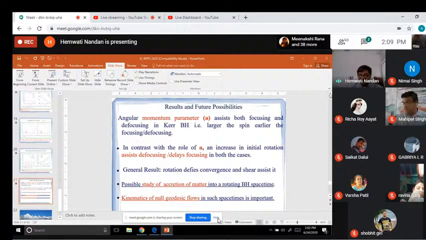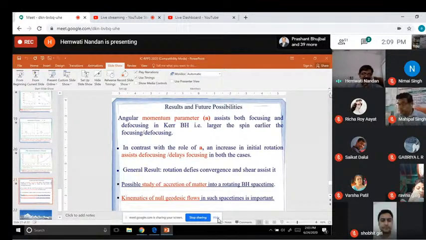And for the future possibilities, one can possibly study the accretion of matter into a rotating black hole space-time by using these equations. We are now trying to do some investigations on whether it is possible to study the accretion of matter into a rotating black hole, which is a very hot topic of research these days, by using the Raychaudhuri equations.